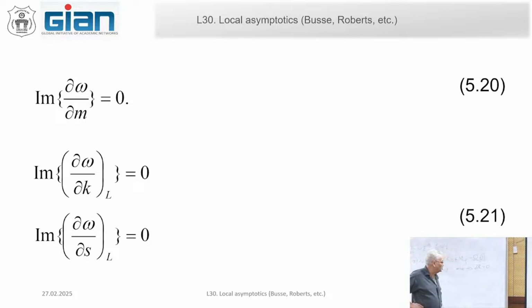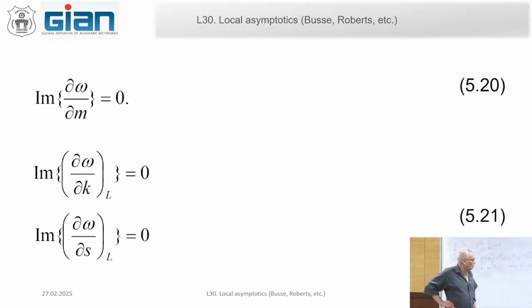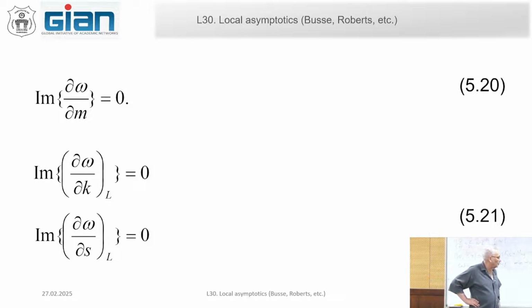The last line is that we are looking at the imaginary part of the derivatives of omega, with this eigenvalue, in the cylindrical direction, on the condition that we keep this L constant.